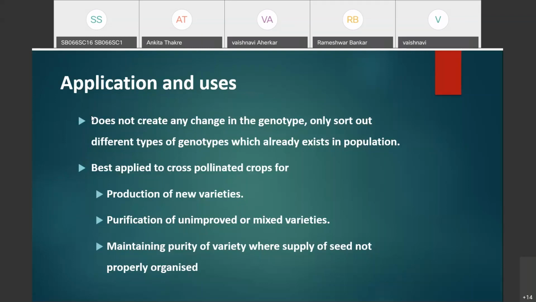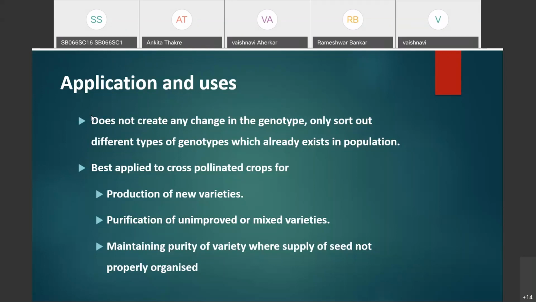The more the genetic variability, the more successful it will be to develop a variety using mass selection. And as the cross pollinated crops are more heterozygous and have natural genetic variation, this method is used for the development of new crop varieties in the cross pollinated crops.